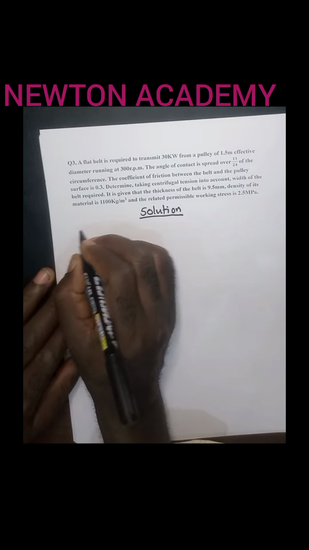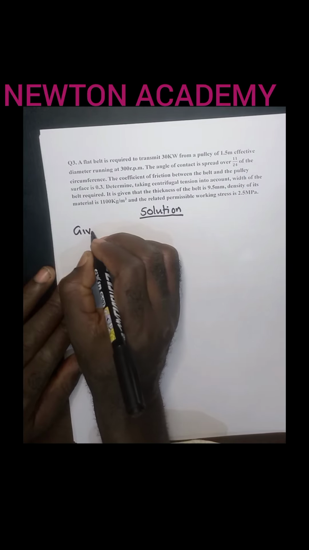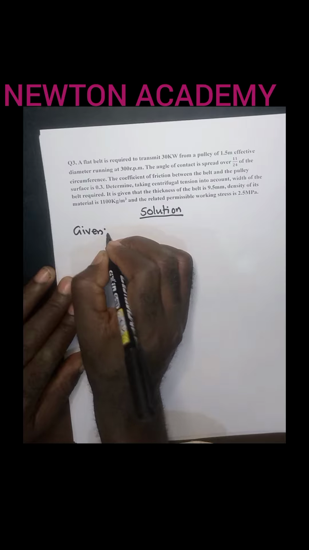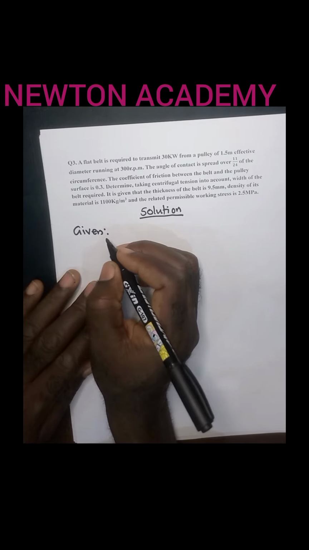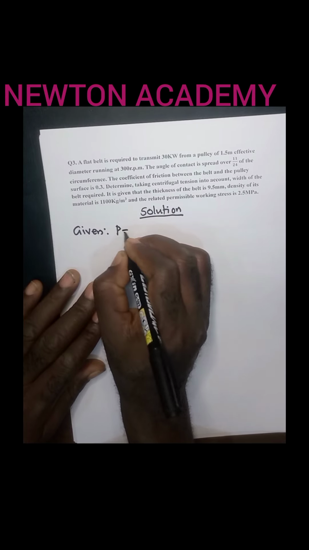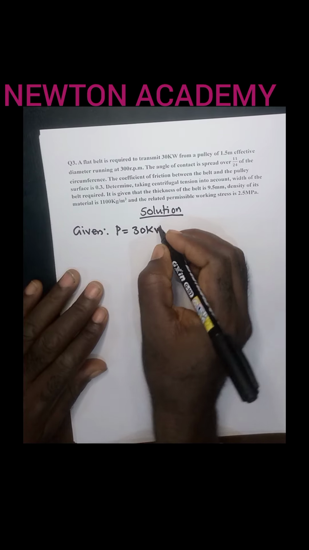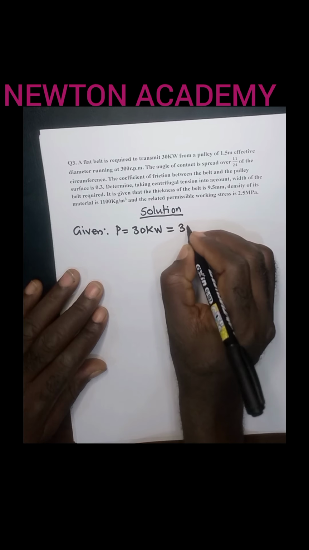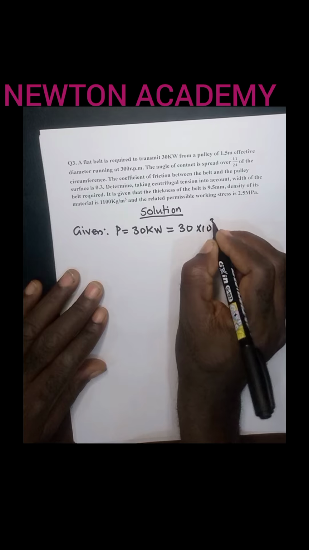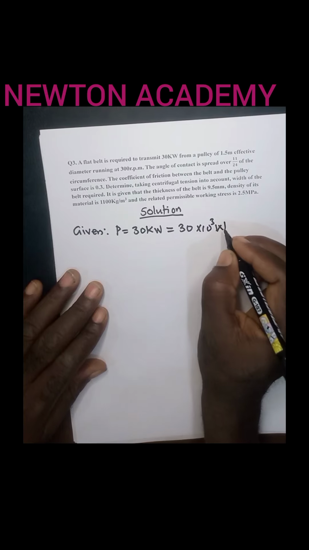Let us look at our given. We are given the power equal to 30 kilowatt, which is equal to 30 times 10 raised to the power 3 watt.